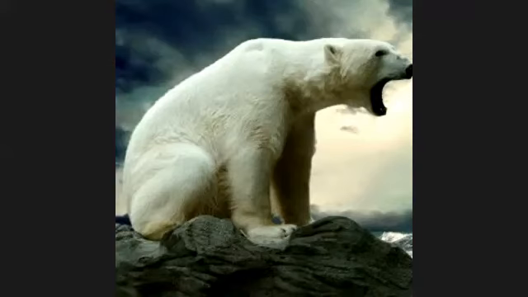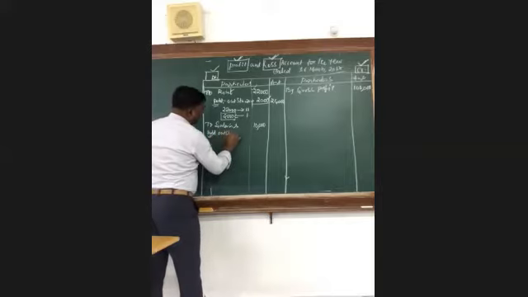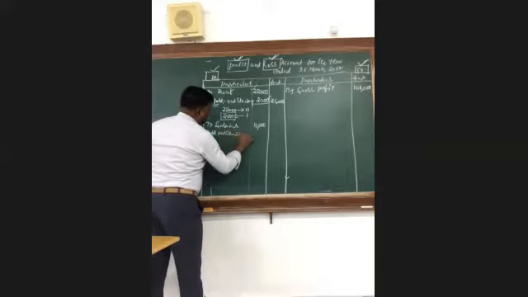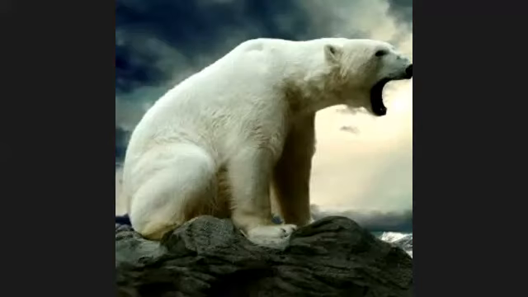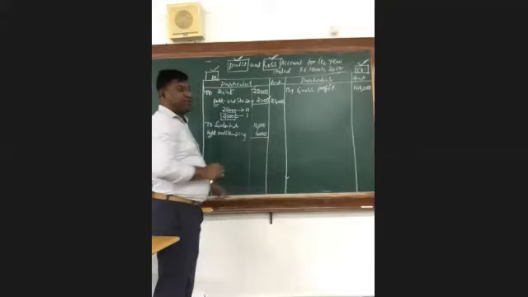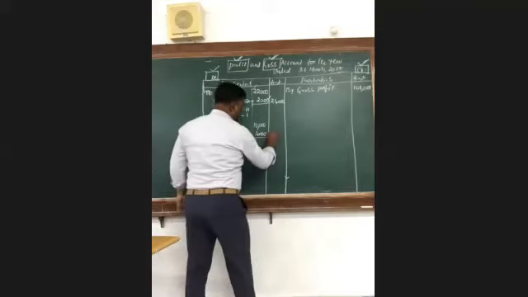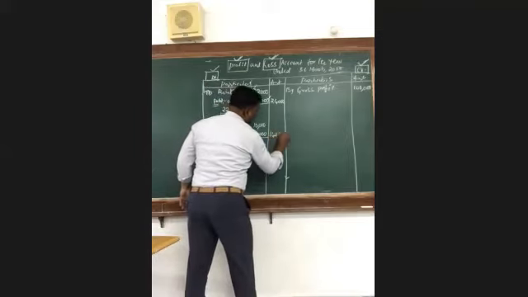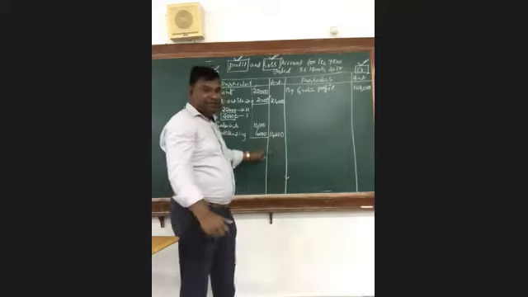Salary, 10,000. Add outstanding. How much? 4,000, sir. Outstanding 4,000. This is plus. 14,000. Do you find one technique which I'm doing here?